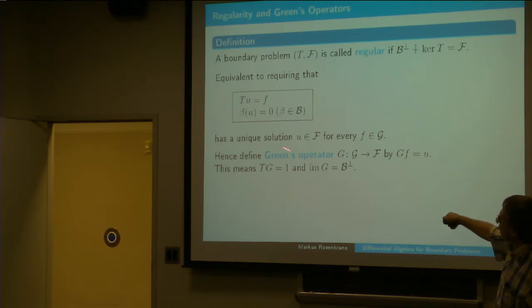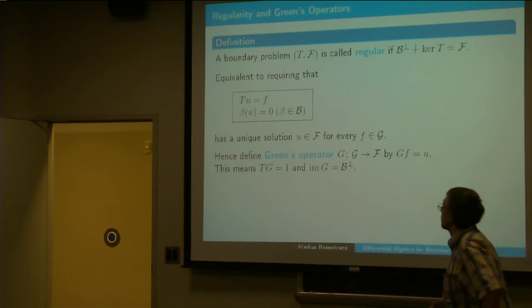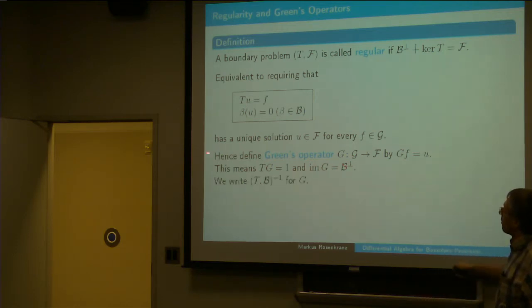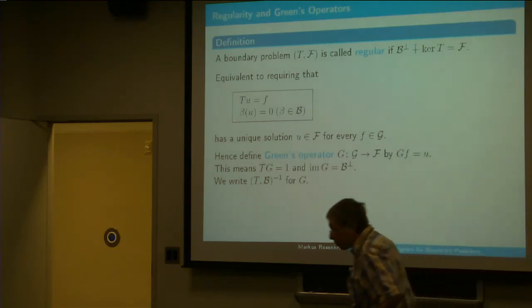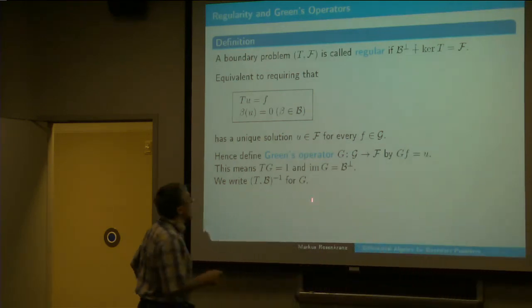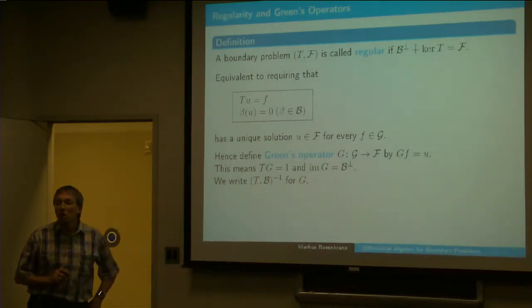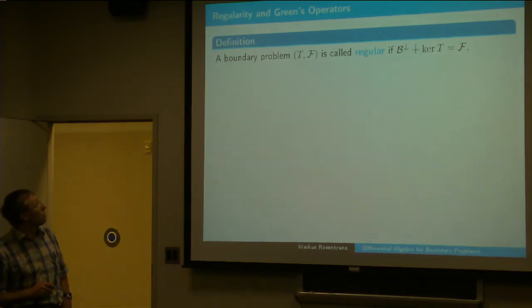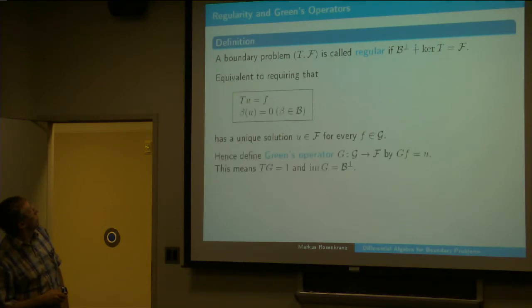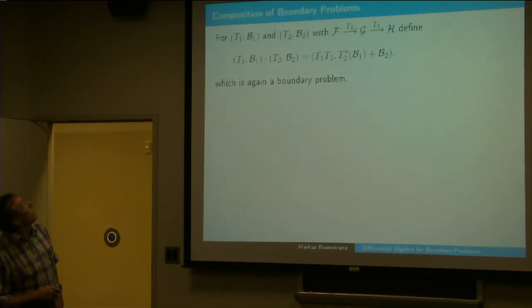And similarly for the boundary conditions. Yeah? It just means that the orthogonal of B, the space of all functions satisfying the conditions, that's the image of the Green's operator. Okay? And for a good reason, which I will give you tomorrow, I'm writing this Green's operator as the reciprocal of the abstract boundary problem (T, B). Okay? Why does this come here? Okay, yeah?